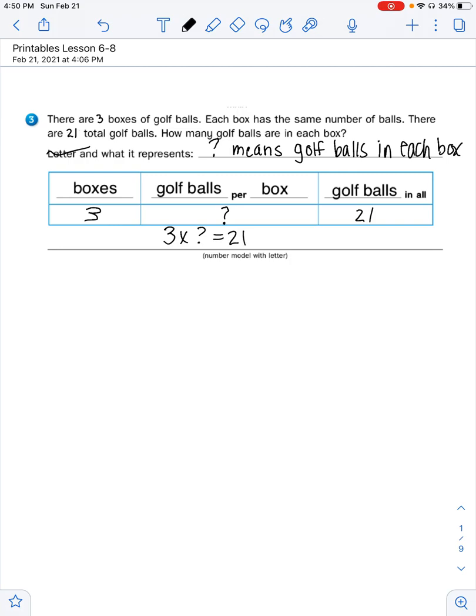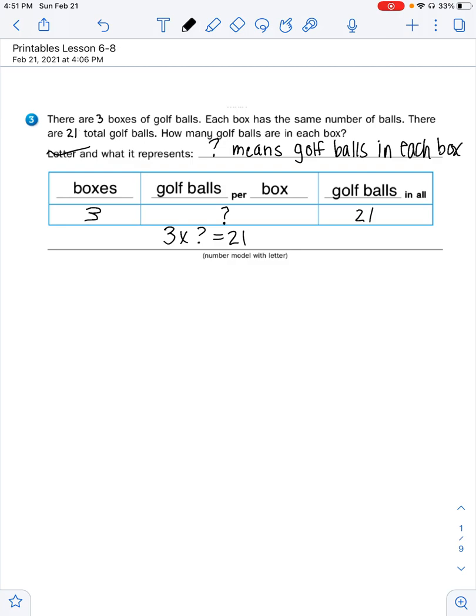Okay, now if I were asking for us to solve this problem, then we would go to our multiplication table and find out what we need to multiply 3 by to get to 21. Okay, I already know that 3 times 7 equals 21.